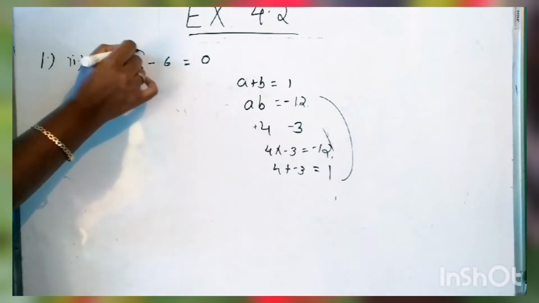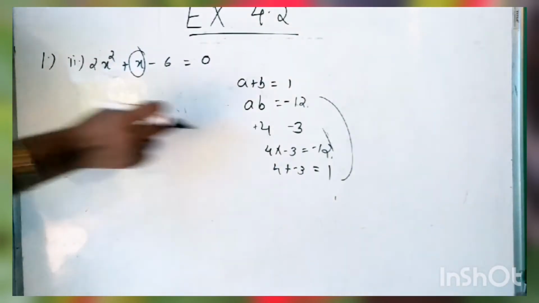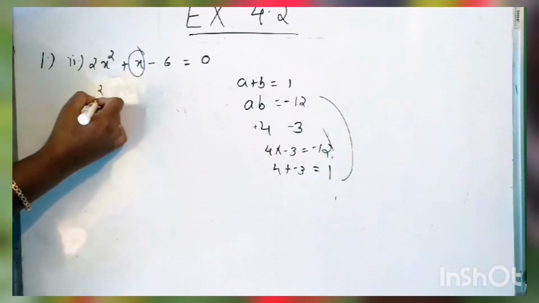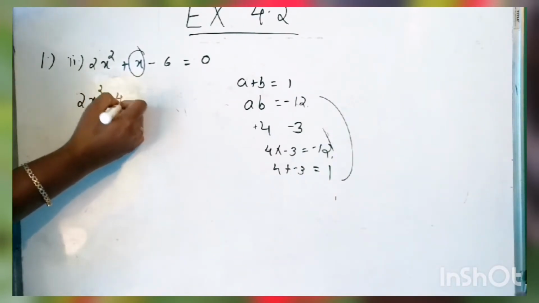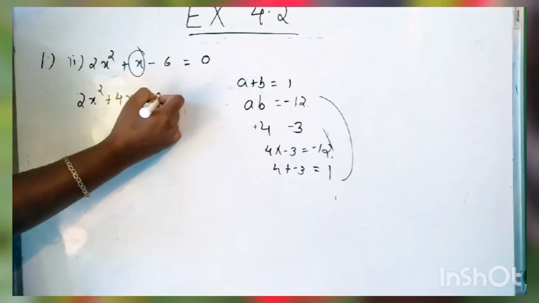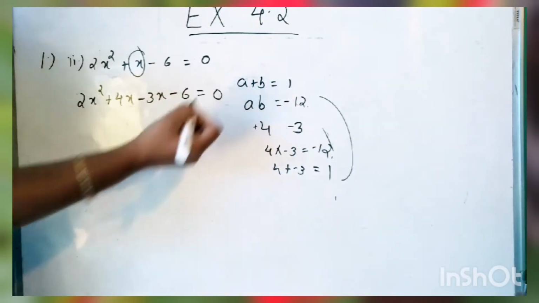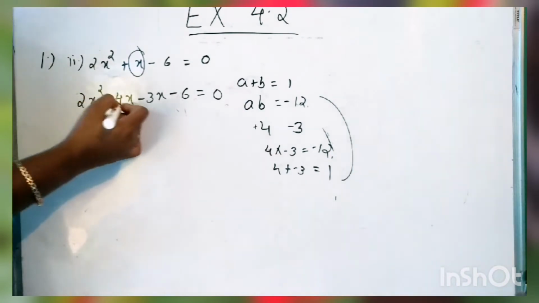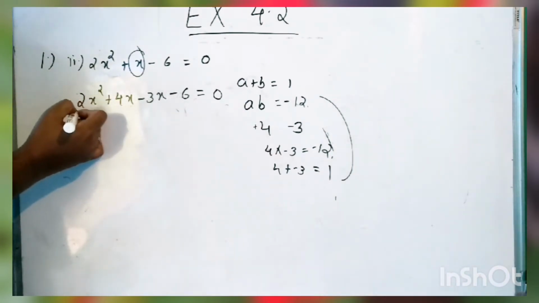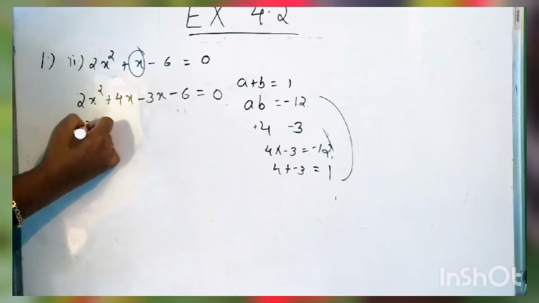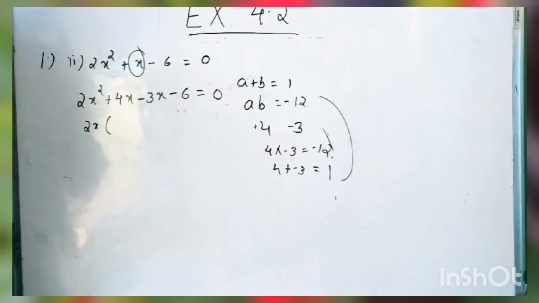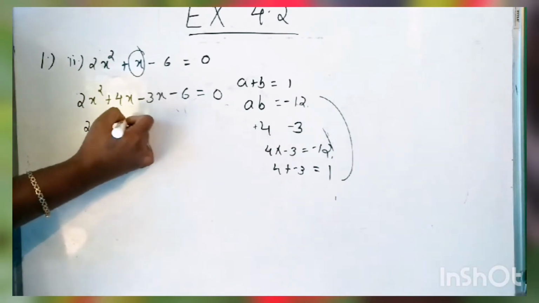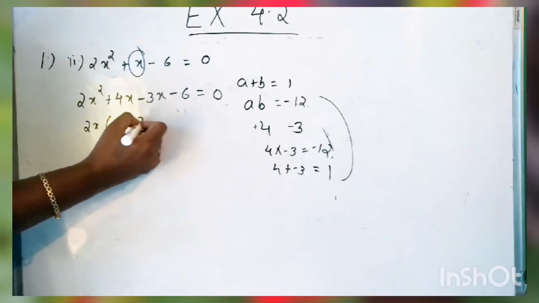So we will split the middle term by using these two numbers, that is 2x square plus 4x minus 3x minus 6 is equal to 0. 4x minus 3x is x itself. Now take 2x outside from these two terms: in the first term x will remain, and in the second term 2 will remain.